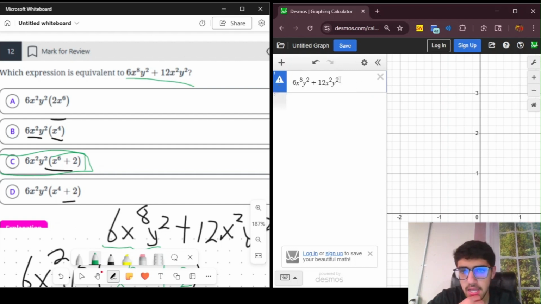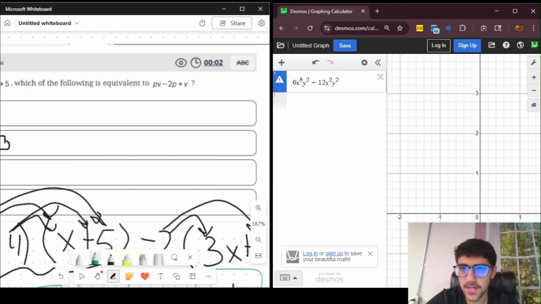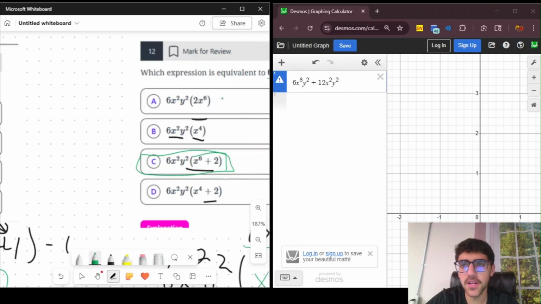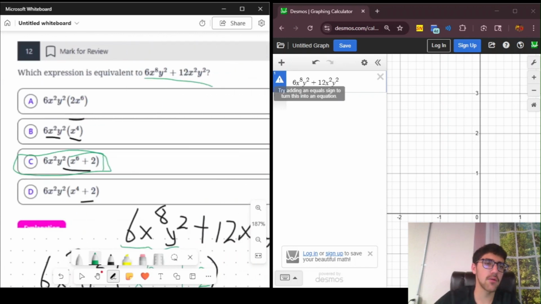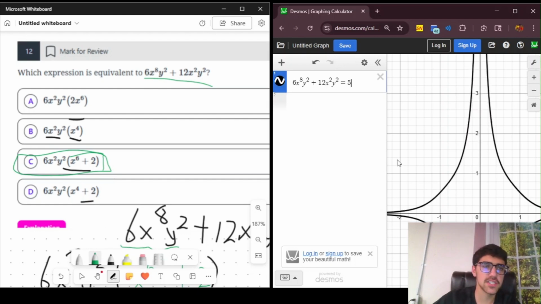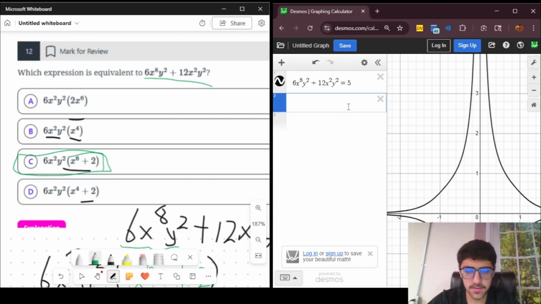It doesn't know what's happening because this is called an implicit equation. The y is part of it. It's not like y equals something. So that confuses it. Unlike the other question, which just had x, 3x plus 4x plus 5, this one has two variables, and that's not going to work as an expression in Desmos. So let's say I put equals 5. It's still going to give me these weird functions. But let's say okay.